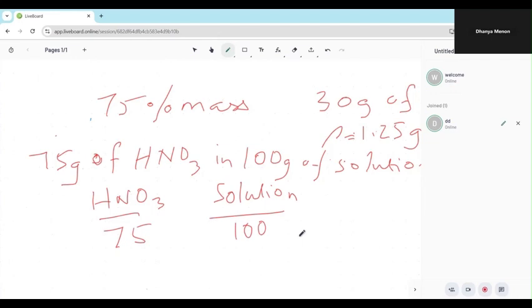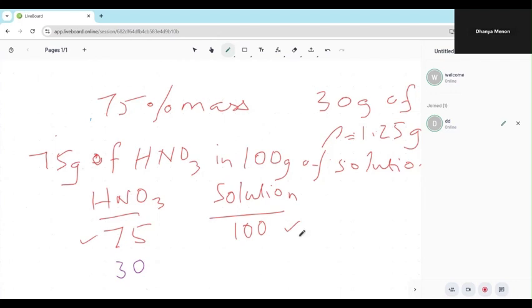So in order to make 30 grams, how much grams of solution does it make? When we add 75 grams of nitric acid, it makes 100 grams of the solution. So if we use 30 grams of nitric acid, how much solution does it make?